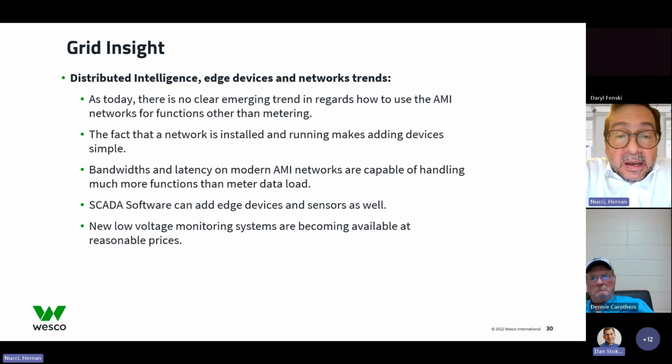Look, when I see here as today, there's no clear emerging trend in regards to how to use the AMI network functions other than metering. It is more or less the same for the rest. Each manufacturer is going in the same direction. But the good thing is, for example, if we go to networks, all new AMI systems are IPv6 technology. That means it is Ethernet with an IP address of 6 blocks.